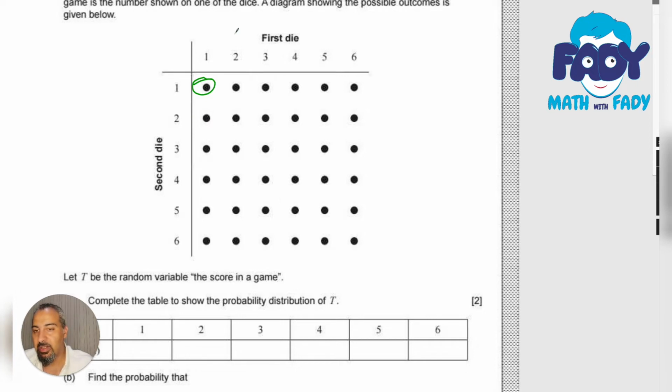Also if the first is 2 and the second is 1, the score is 2, the greater. So we have only one option to get 1 as a score. The probability will be 1 out of the total possible outcomes. We have 6 times 6, a total of 36 outcomes. So it's 1 out of 36.